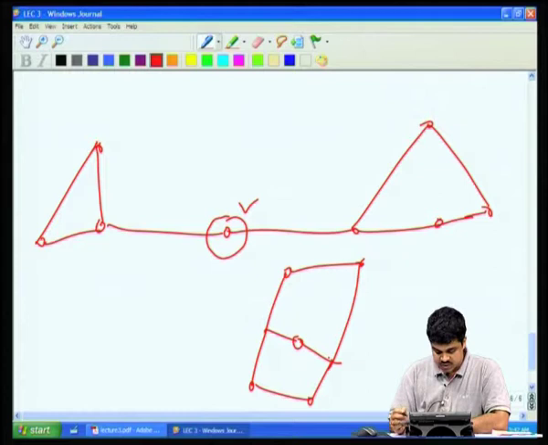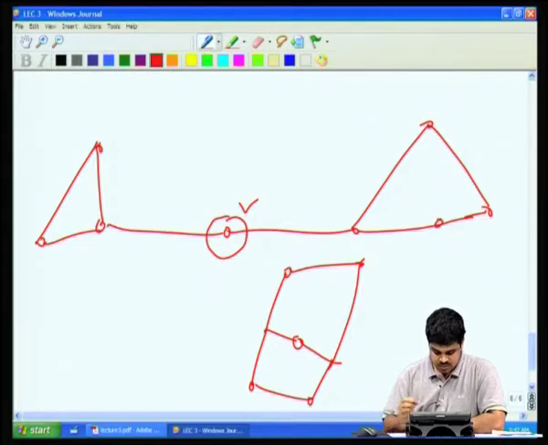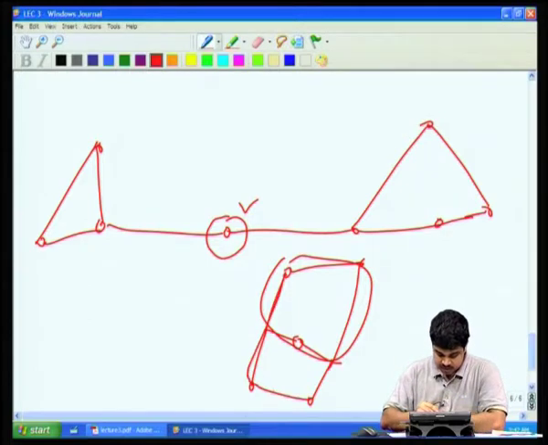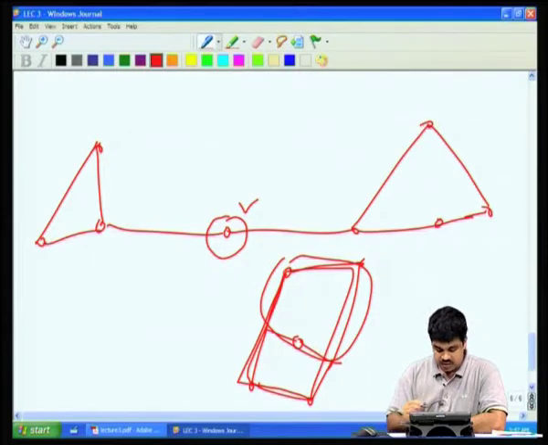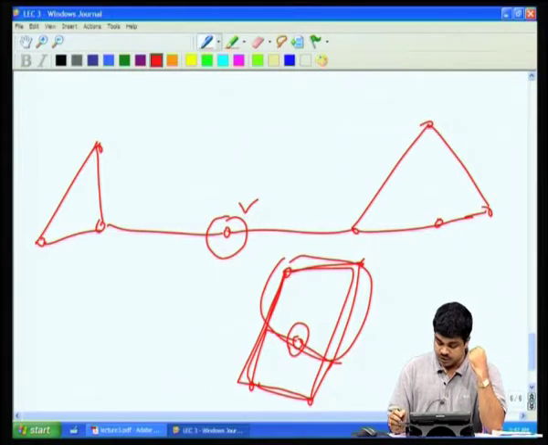If you had taken this cycle, then who will cover this? So, there are graphs which do not have cycle covers, and there are graphs which have cycle covers.